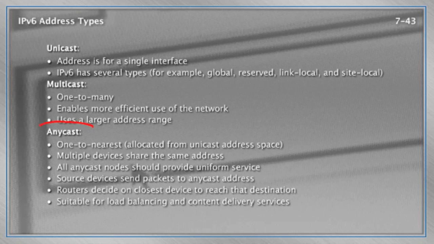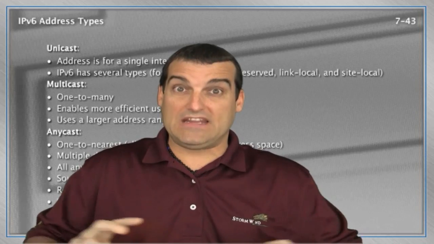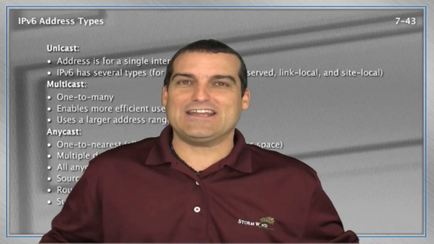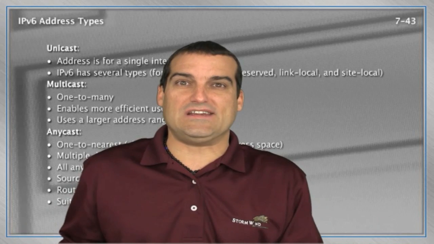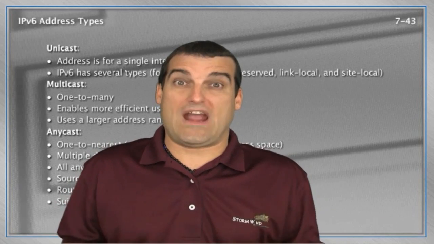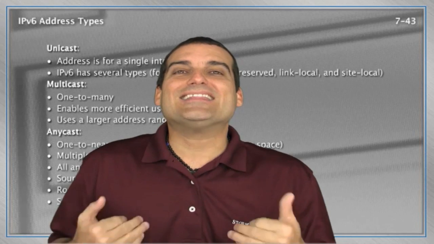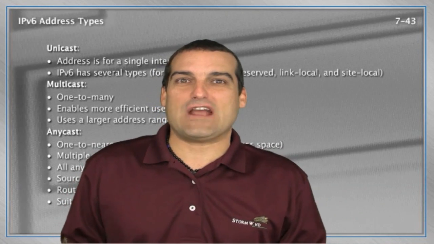Now, there is another type of IPv6 address, and that's called the Anycast address. What you do with Anycast is you take the exact same IPv6 address, the identical address, and you assign it to multiple machines in V6. Now, when your routers get traffic for that address, they'll pick which device they're actually going to send that traffic to.